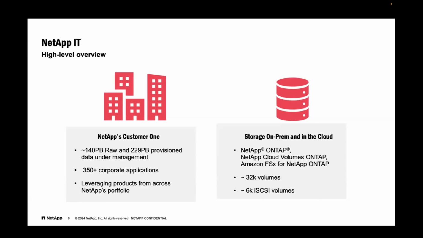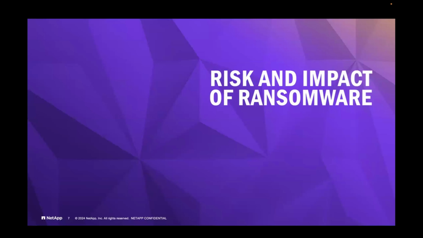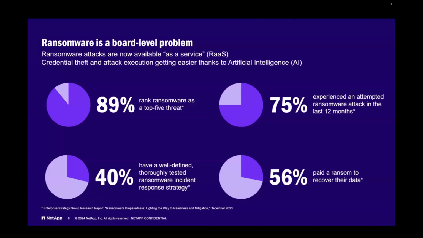So it's easy for us to introduce changes, starting from tier 4 applications all the way to tier 0, tier 1 applications, right? So let's look at some of the risk and impact of ransomware.